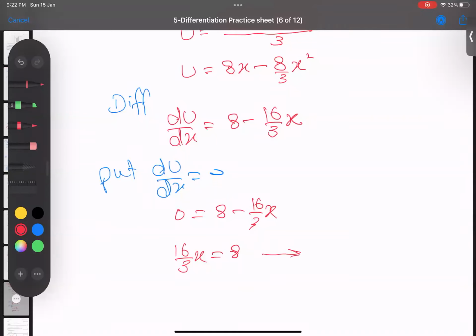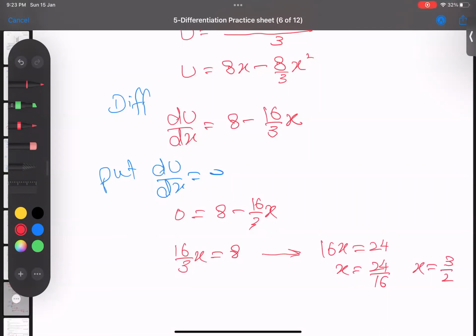Then cross multiply: 16x equals 8 times 3, which is 24. So x is 24 by 16, and 24 divided by 16 gives 3 by 2.